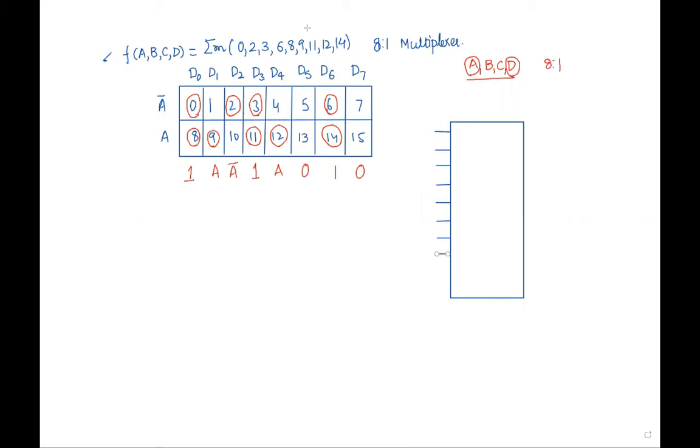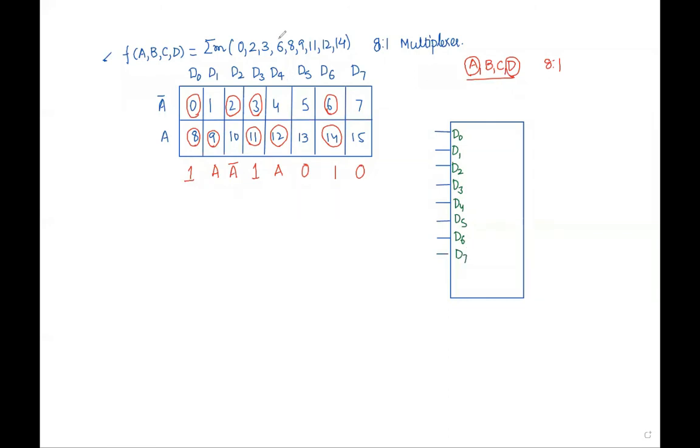You will write down all the numbers related to this: D0, D1, D2, D3, D4, D5, D6 and D7.